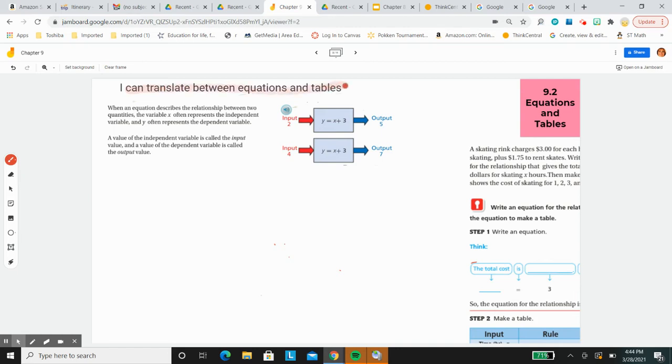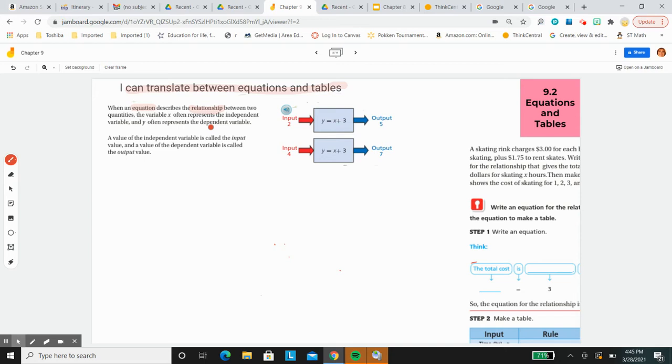That's our objective, okay? So to start with, when an equation describes the relationship between two quantities, the variable x often represents the independent variable and y often represents the dependent variable, okay? Last time, on our last lesson, we used a letter that just kind of went with the problem.